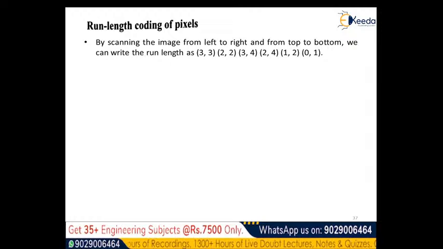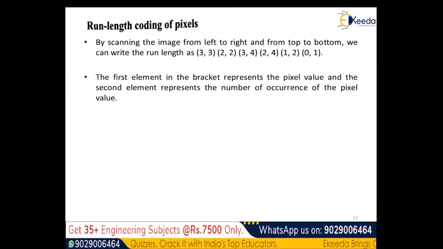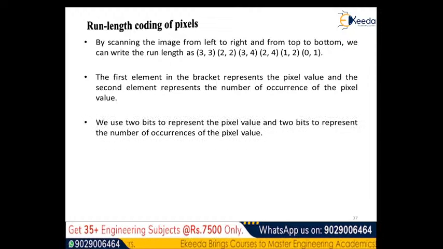Here we have the two elements represented inside the bracket separated by a comma. The first element in the bracket represents the pixel value, and the second element represents the number of occurrences of that particular pixel value. So we use 2 bits to represent the pixel value and 2 bits to represent the number of occurrences of the pixel value.